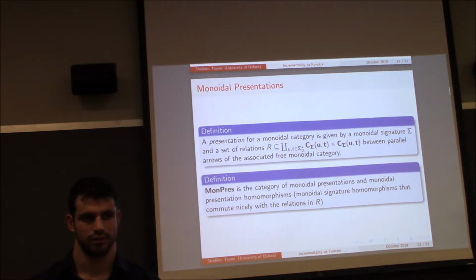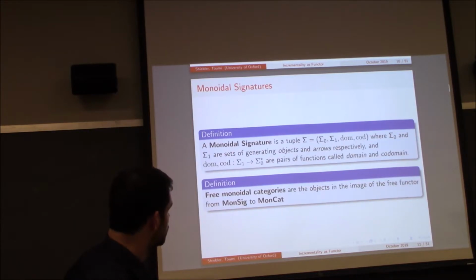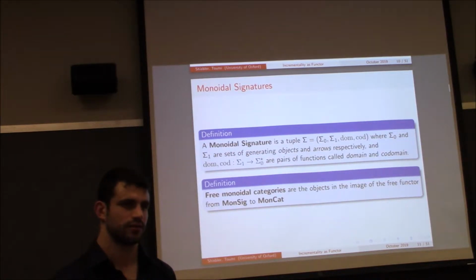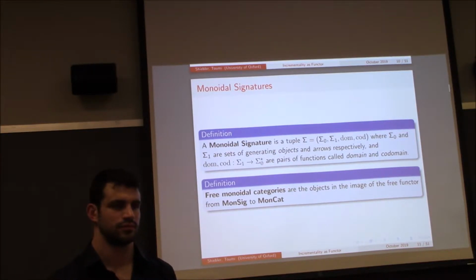Let me just understand this hands-on. I've got a set of generating objects, and the free monoid over that is just lists of that set. So what are these arrows doing in this monoidal category? It's like an underlying graph, and then we freely generate.